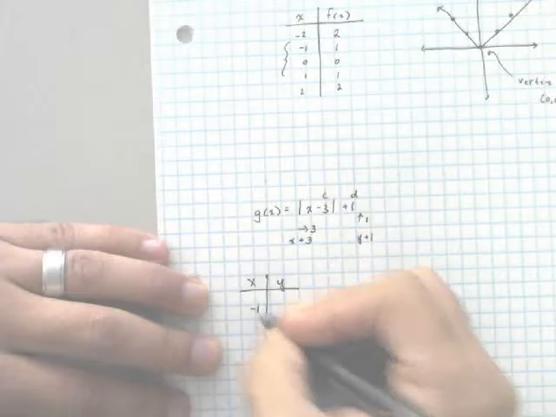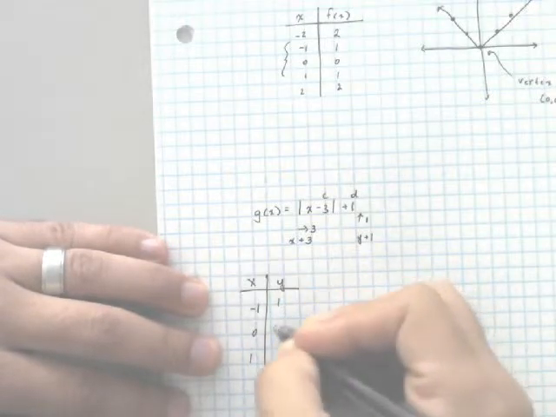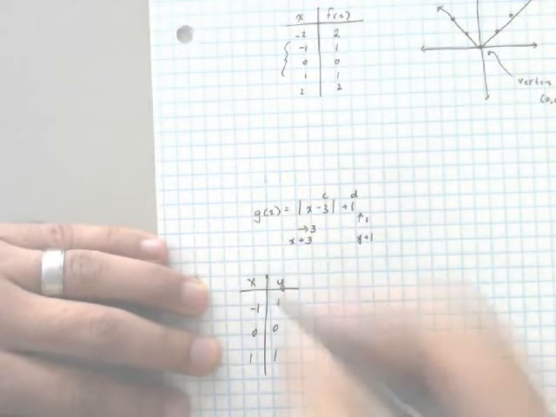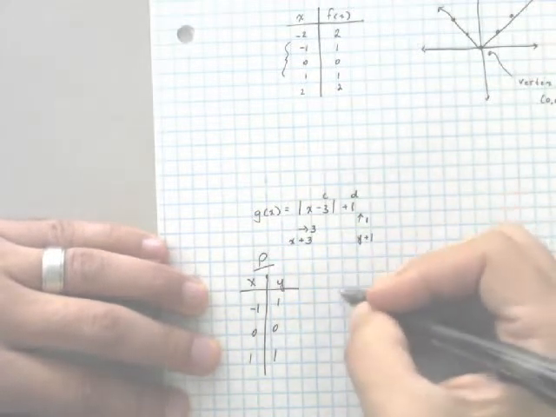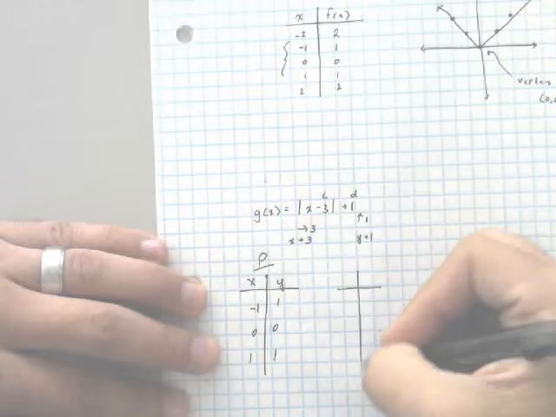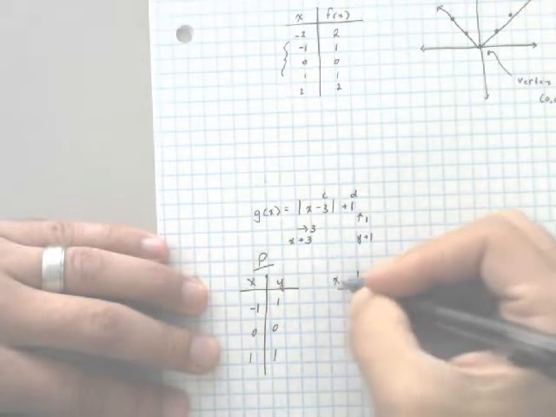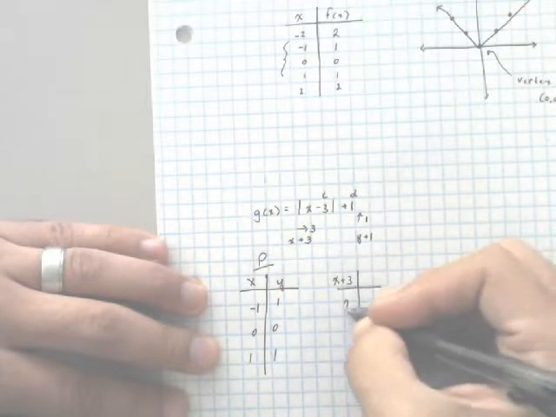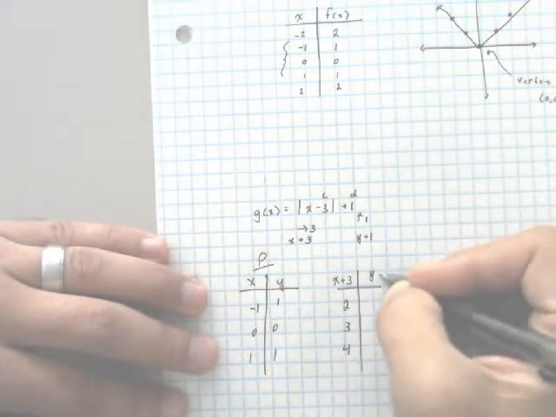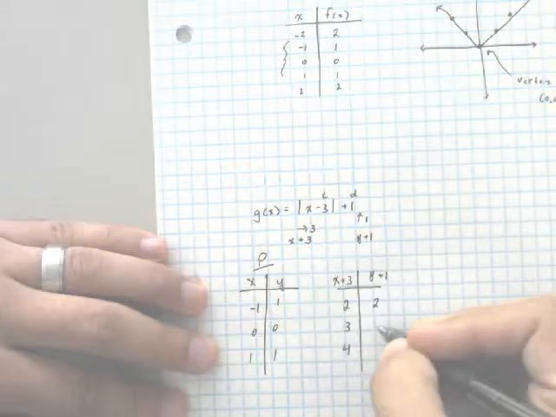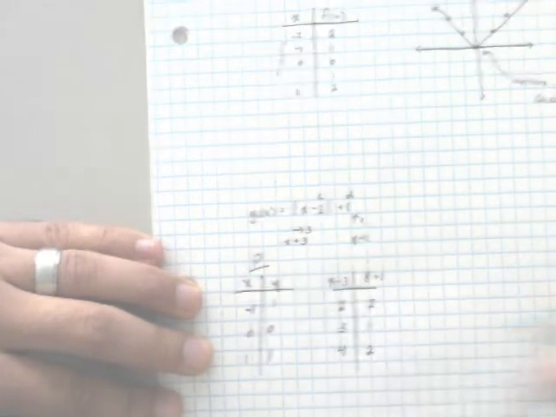So really I can just take my parent function, and as I said before, I'm going to just pick those 3 numbers. So this is my parent, put a capital P there, and I want to graph my child function. I'm going to take my x's and add 3, so that becomes 2, 3, and 4. I'm going to take my y's and add 1, so that becomes 2, 1, and 2.